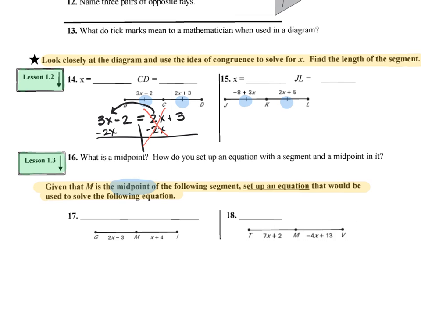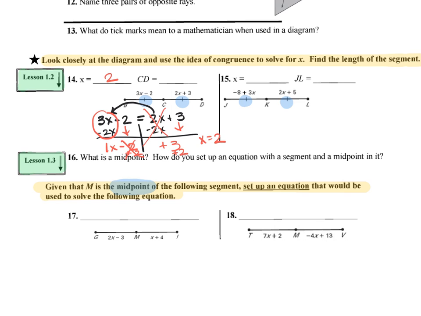These guys make 0. These guys right here, 3 take away 2 is 1x. Bring down the minus 2. Bring down the plus 3. Then we add 2 to both sides. And we get x equals 2.